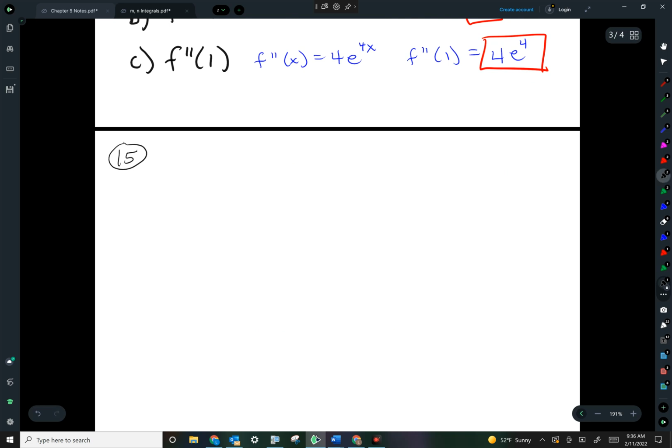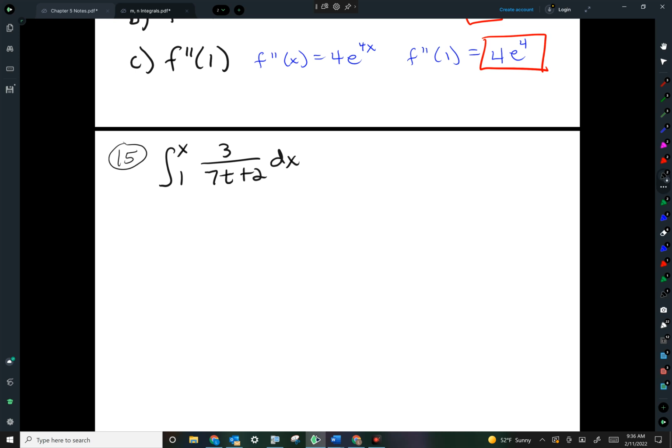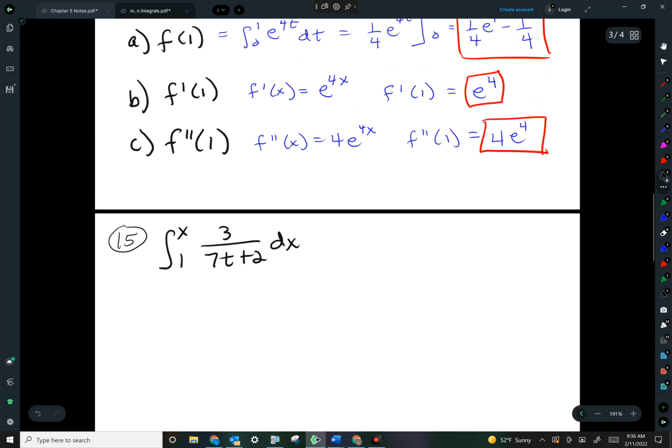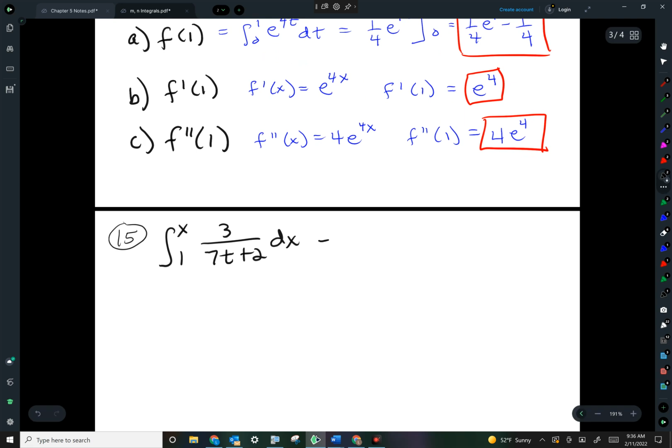Number 15 is the integral from 1 to x of 3 over 7t plus 2. We integrating? Integral from 1 to x. Why is it dx? Oh, dt, sorry. Thank you. dt. There it is.